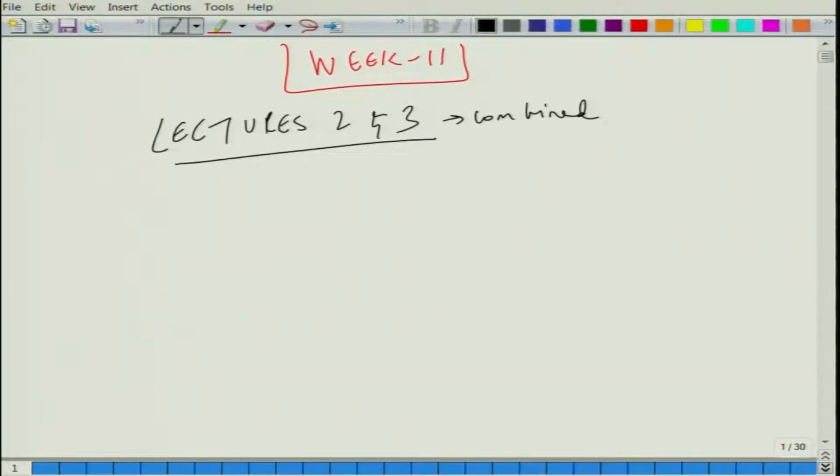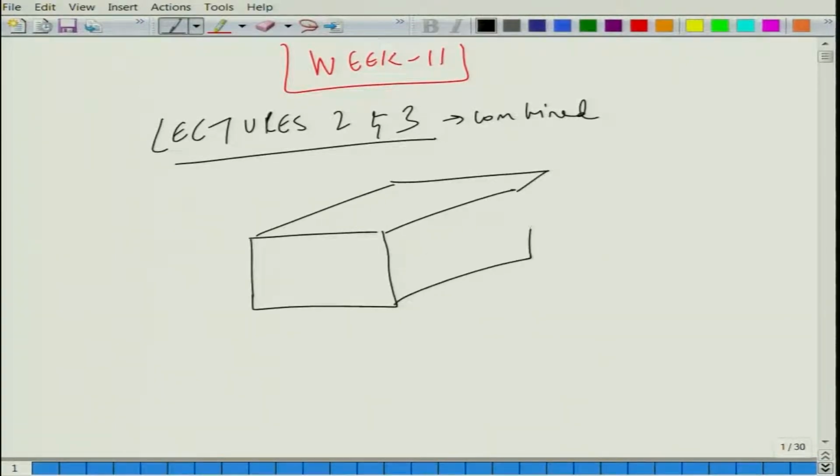So, let us start with your basic equations that govern wave propagation. For simplicity, we will consider a Cartesian coordinate system, something like this. Okay, so now we have this. So, what exactly are we going to do?